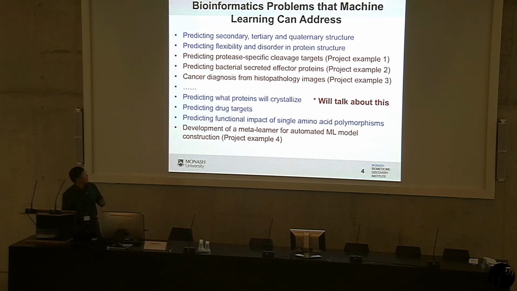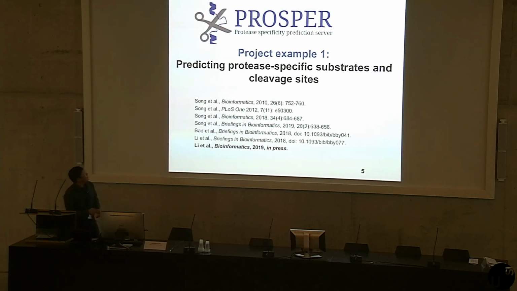In the end, I will also talk about another project called developmental meta learner that can enable automated machine learning model construction from heterogeneous data types, like sequence data or other different types of data.